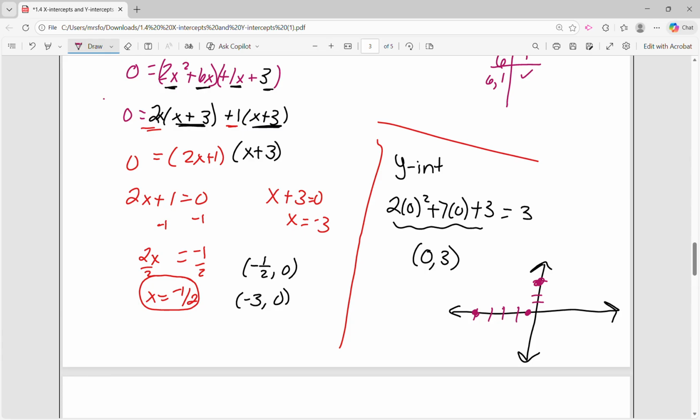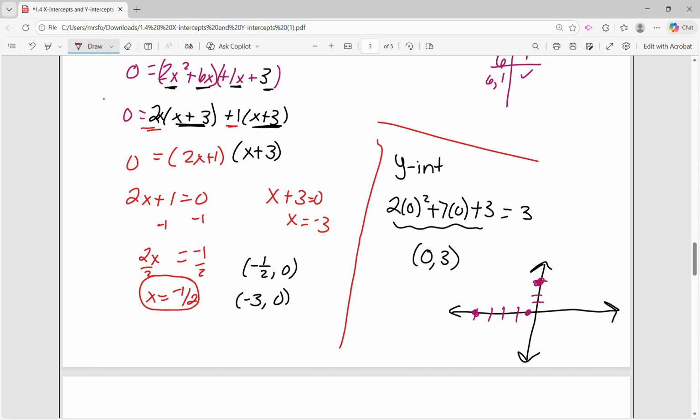Now I kind of want to look at this and make sure. What was it? 2x squared plus 7x.